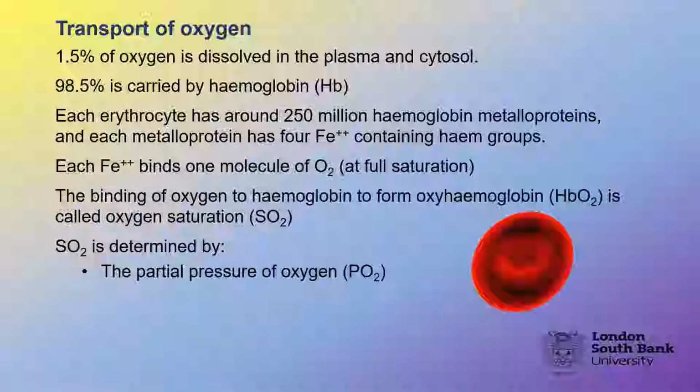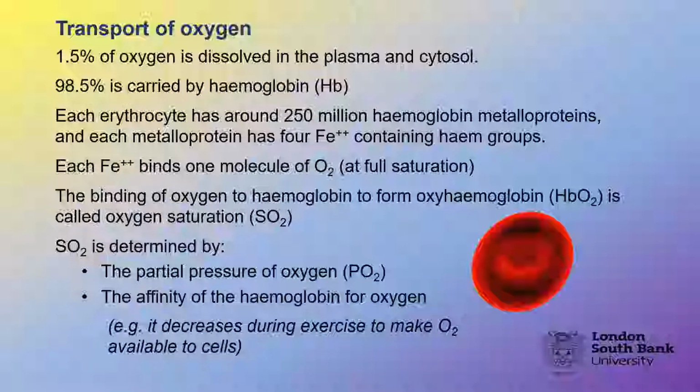Saturation is determined by the partial pressure of oxygen within the blood, but also the affinity of the hemoglobin for oxygen. So, for example, it decreases during exercise so that more oxygen is released from hemoglobin to diffuse into the cells. We'll talk more about saturation in a sec.